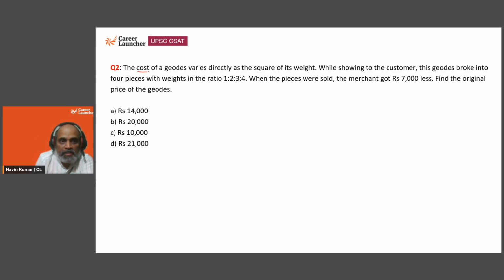So the first statement says the cost varies directly as the square of its weight. So this is given to us. Now, if we look at the ratio in which the weights broke, it is 1:2:3:4, which means the initial weight was 1 plus 2 plus 3 plus 4, which is 10.